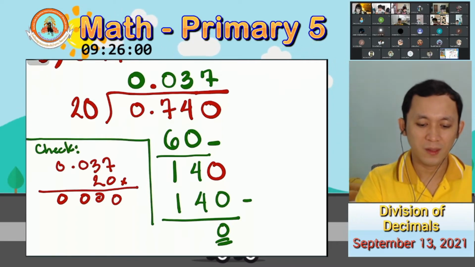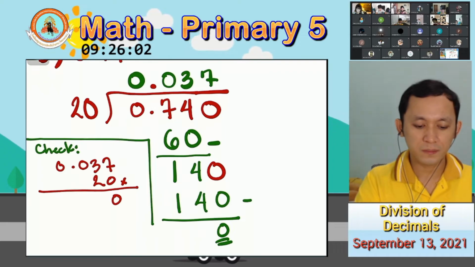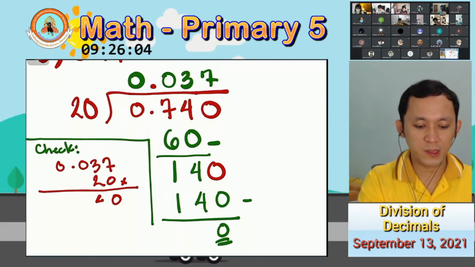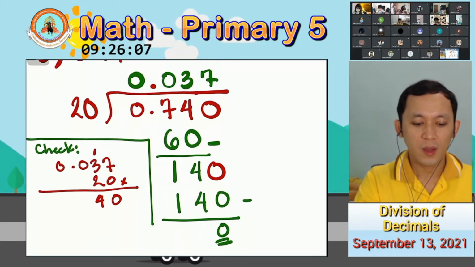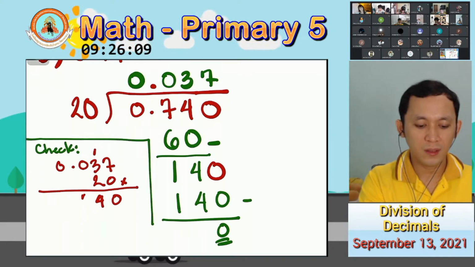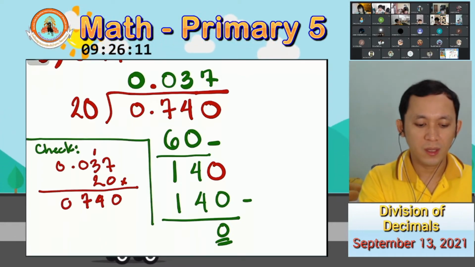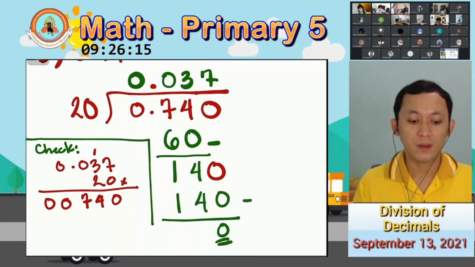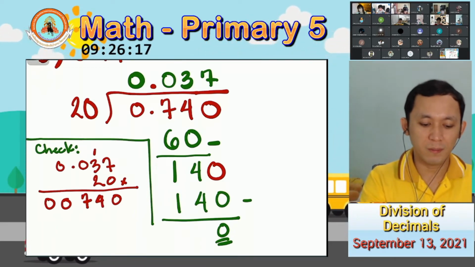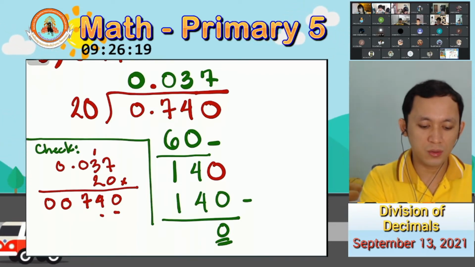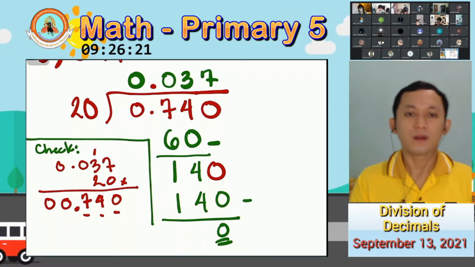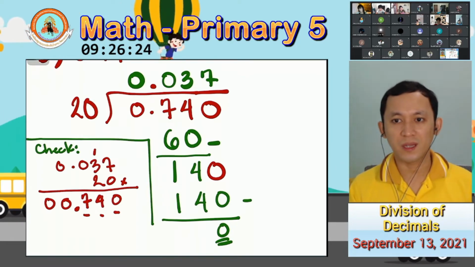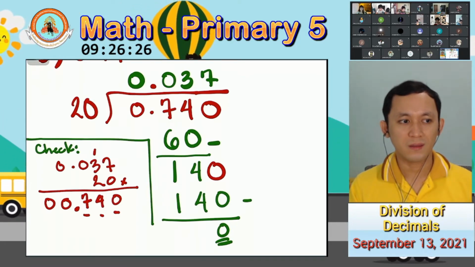Well, that's the same. So we can have 0. 2 times 7, we have 14. Carry 1. 2 times 3, we have 6 plus 1, 7. 2 times 0, we have 0. And 2 times 0, we have 0. How many decimal places do we have? We have 3 decimal places. 1, 2, 3. So our answer is correct.